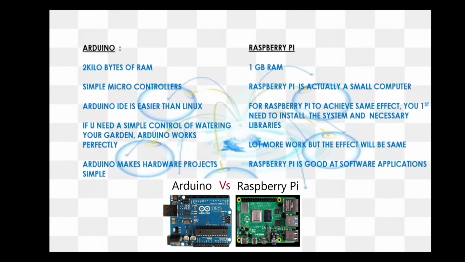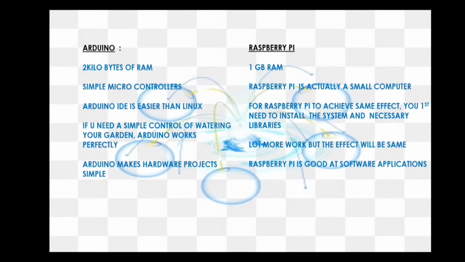It's a lot of work, but the effect will be the same in the Raspberry Pi. Arduino makes hardware projects simple, whereas the Raspberry Pi is good at software applications. So these are the major differences found between the Arduino and Raspberry Pi. I'm not going into detailed information, I'm just giving clarity.